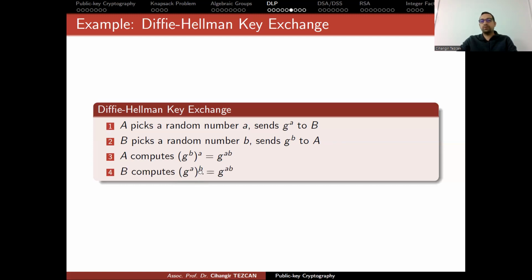B also computes the b-th power of the number A sent to him, and both of them are now equal. Okay, so this way they agreed on something which they didn't know beforehand, and they calculated it in a kind of secret way.